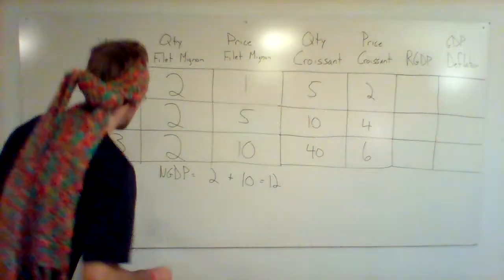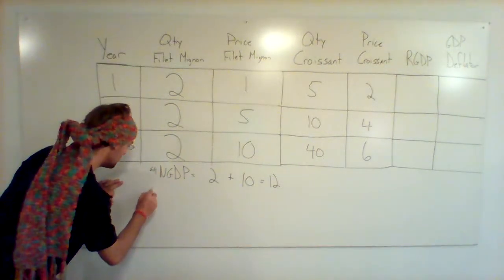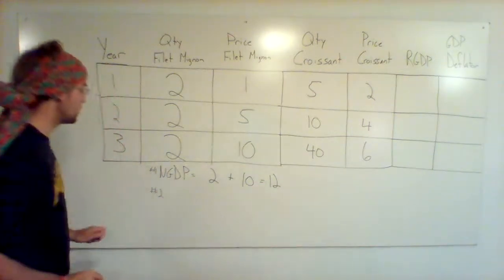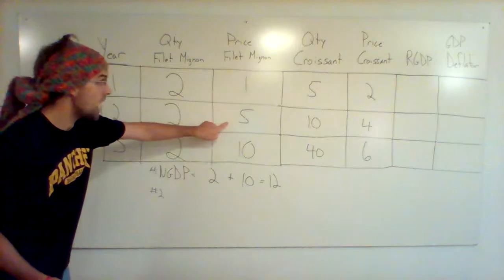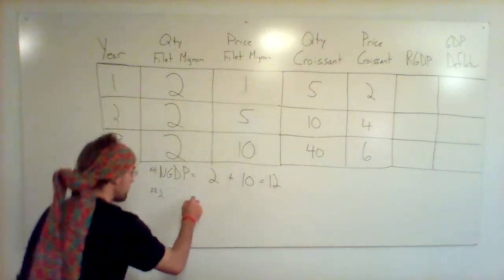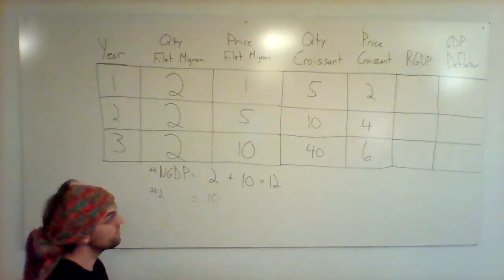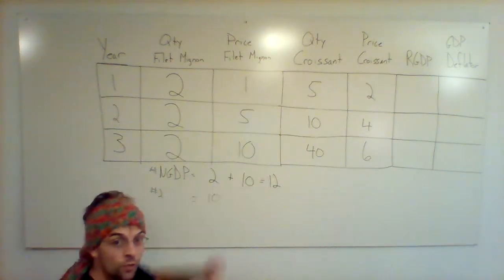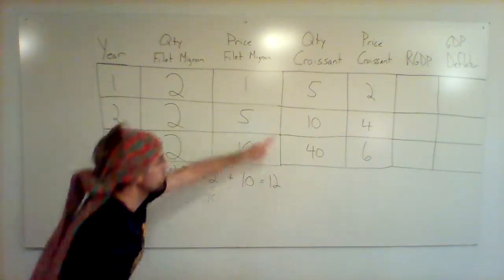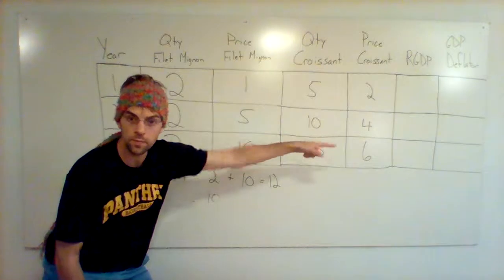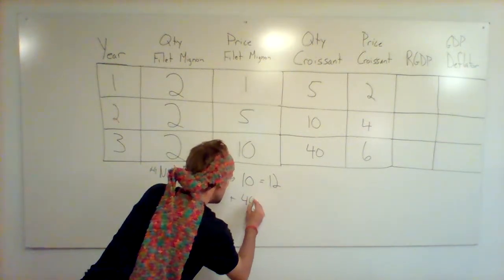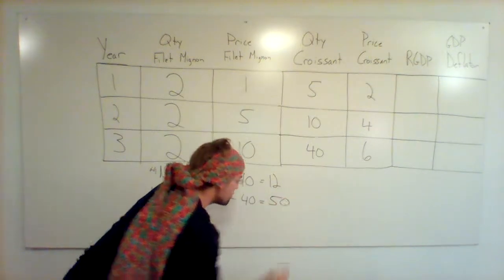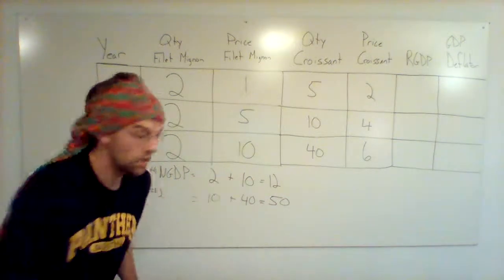You done? All right, I'm going to go down. All right, so year 2. So we got year number 1, year number 2. So year number 2, let's take a look. So we produced 2 filet mignon at $5, so it's like 10 to me. And we got 10 croissants at $4 apiece. Looks like 40 to me, right? So plus 40 equals 50, okay?